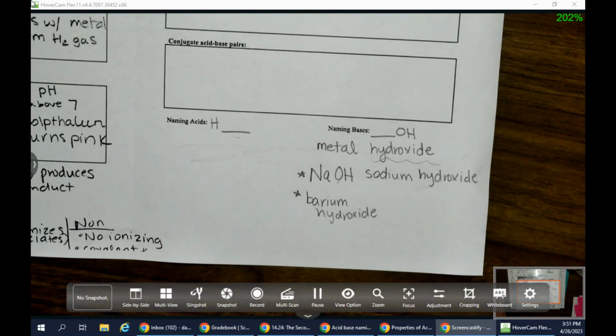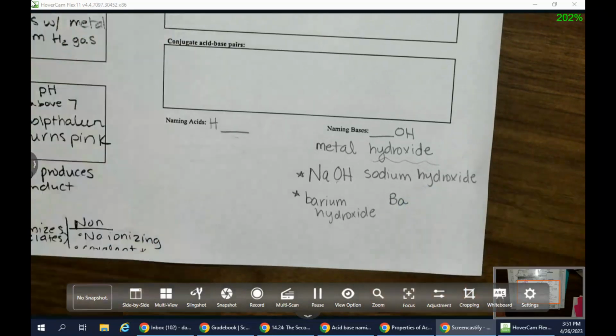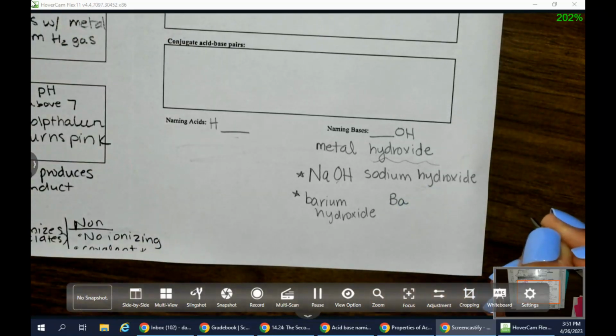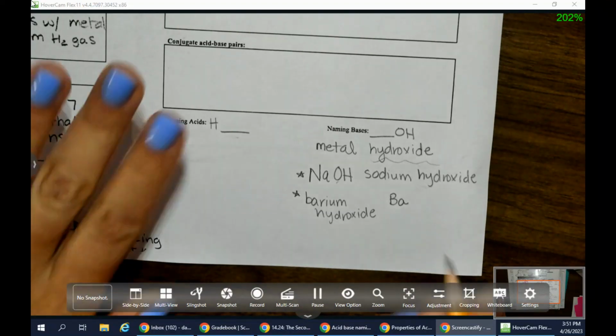So, barium, what is the chemical symbol for barium? Ba. So we're going to go ahead and put Ba. What charge on Ba? It's in the second group. By the way, you still have your charges. They were on the back of where the solubility rules were. If you flip it back over, you have all your charges. So what is it? +2. It's in group 2. Good.